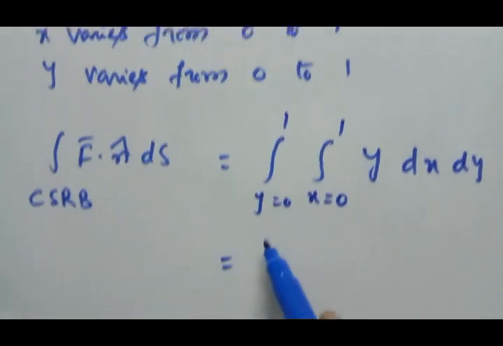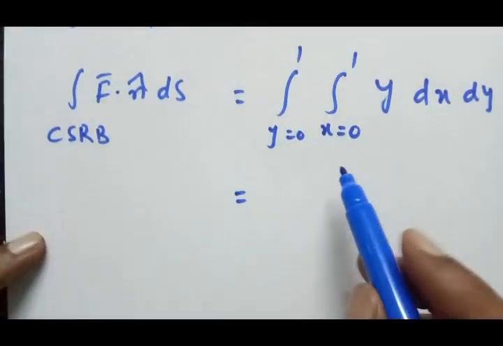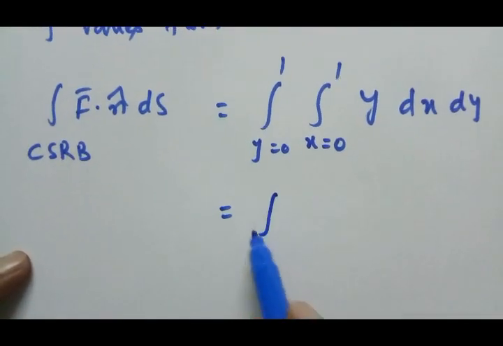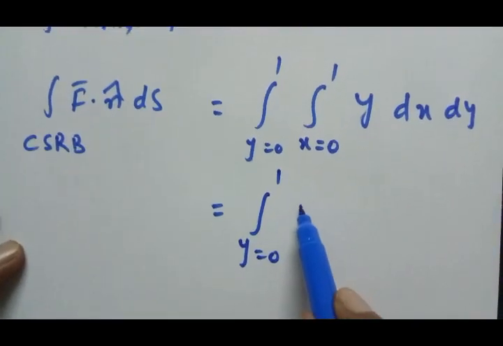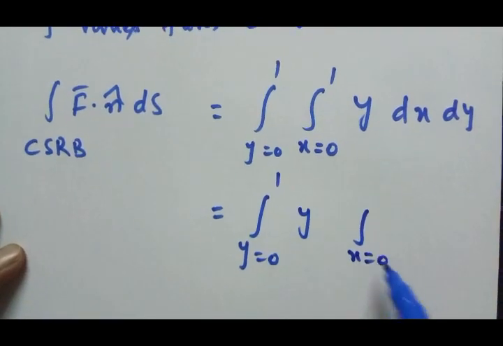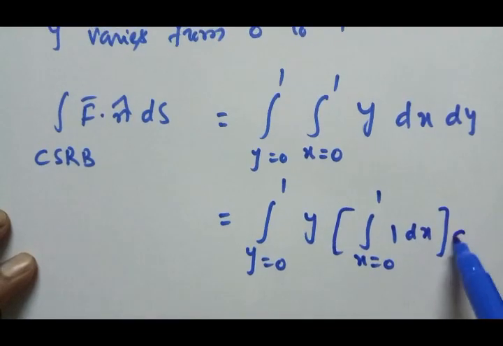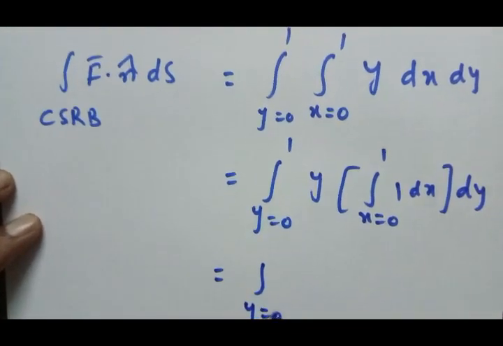Since the limits of x and y are constants, you can integrate first with respect to either x or y. Therefore, integrating with respect to x first, next y. Now the integral y from 0 to 1.